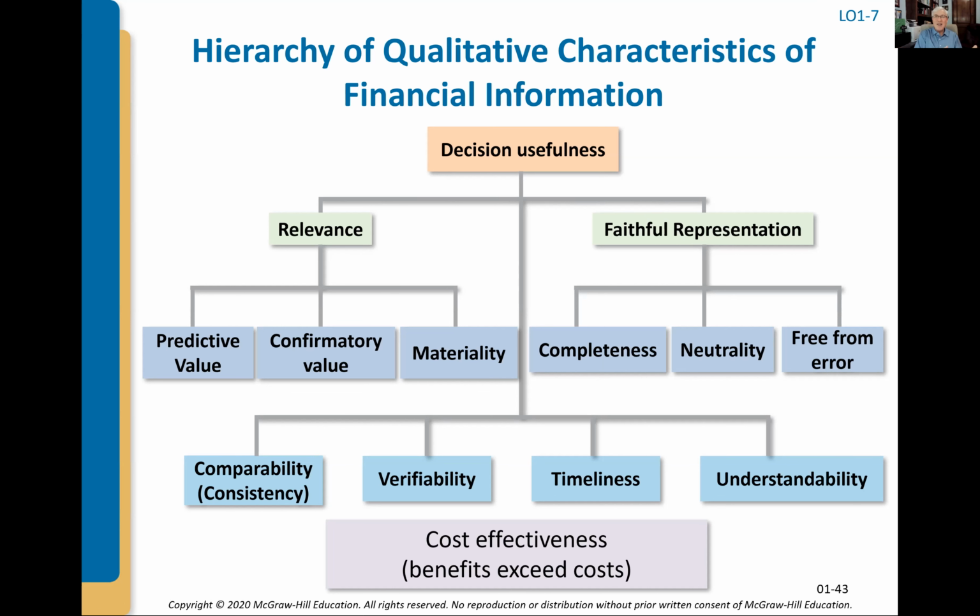And if we miss one, then the information is not complete, right? So you've got to make sure you have the complete set of information, so that your information is free from error and is a faithful representation of the company. If it's incomplete, it's not a faithful representation. And so that was a challenge.